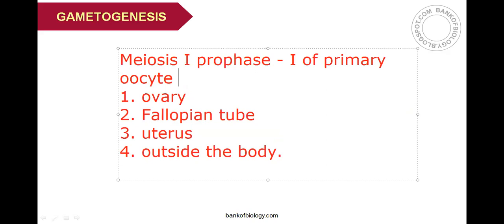Meiosis 1 prophase 1 of primary oocyte occurs at... Yes, ovary. It occurs at ovary because meiosis 1 prophase 1 is at ovary.